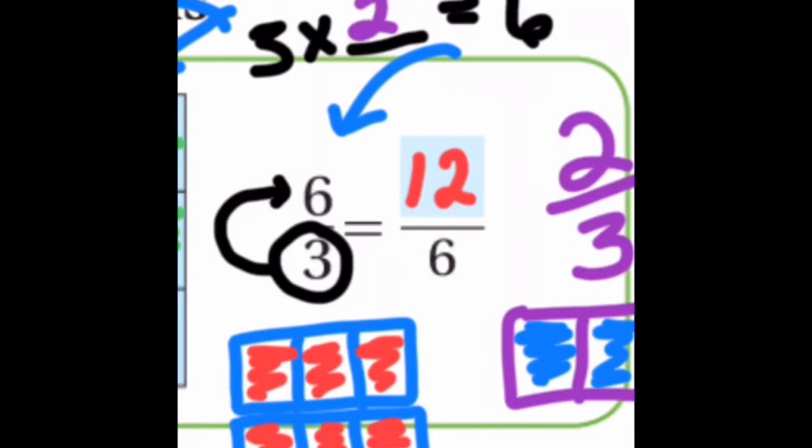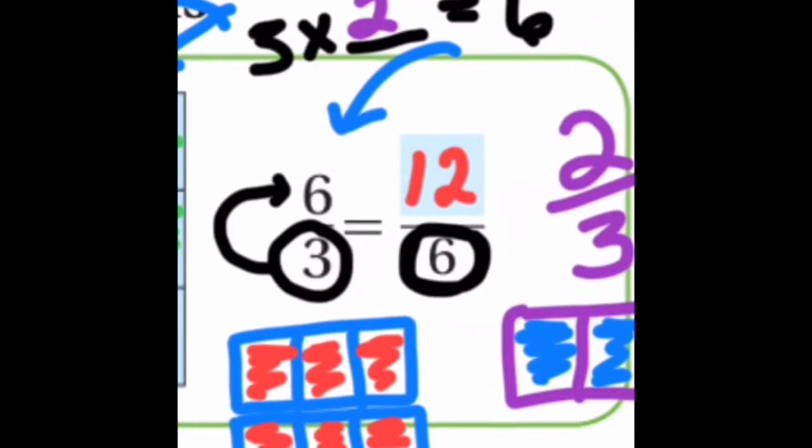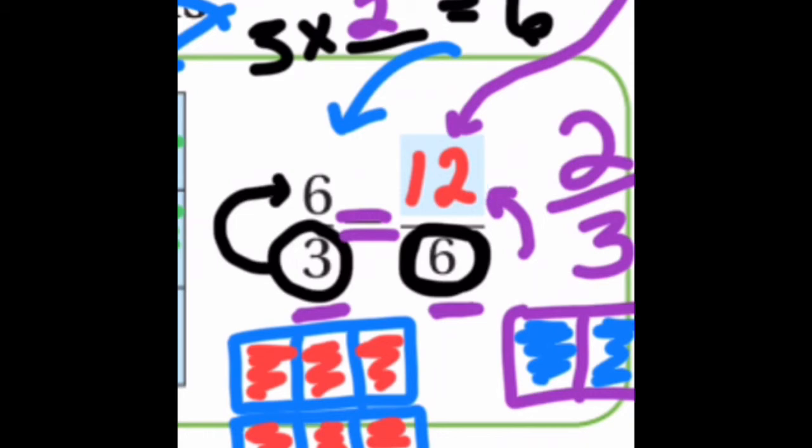So that means I can take any other denominator, including this 6, and if I take 6 times 2, it will equal 12. And then that I know is the numerator I can put here, so these 2 fractions are equivalent. Okay, so if I take a denominator, multiply it times a number, I'll get my numerator. Then I can take another denominator, multiply it times the same number, and get a different numerator, but those 2 fractions would be equal or equivalent.